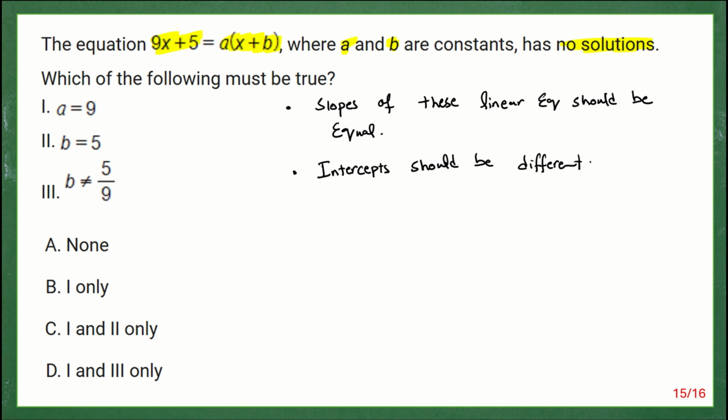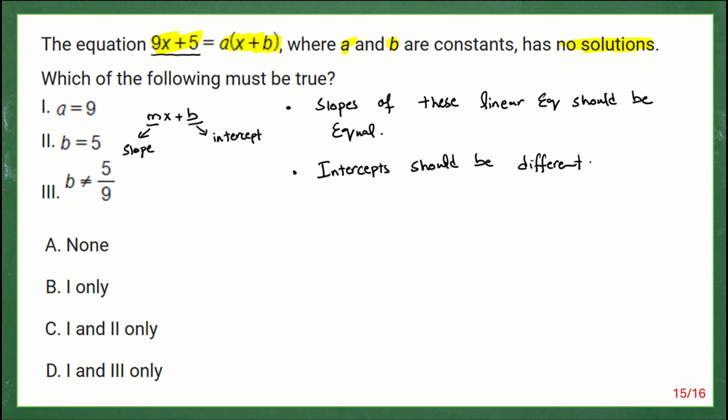Okay, now in this case, let's take the slope on both sides. For the first one, I have 9x plus 5. The slope is the constant multiplied with the variable x, as the equation of a line is mx plus b, where m is your slope and b is the intercept here.